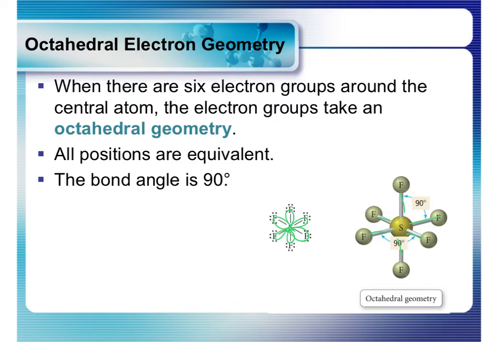Different from the trigonal bipyramidal, in the octahedral geometry all of the angles are 90 degrees. All of them, regardless of the one that you look at. So all positions are equivalent and you don't have to worry about axial versus equatorial positions.